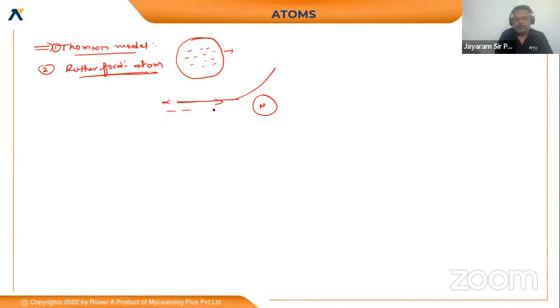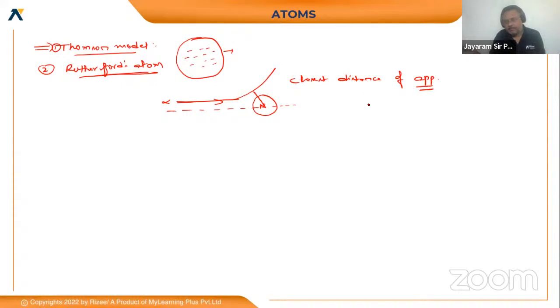This is the line passing through the nucleus, sir, and this distance is called the closest distance of approach. It means how close an alpha particle can come to the nucleus.